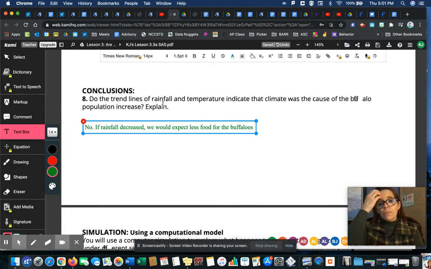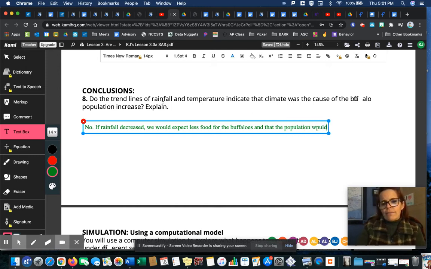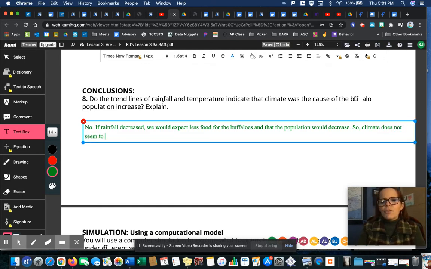If you notice that I misspell it, my apologies on that. Okay, we would expect less food for the buffaloes and that the population would decrease. So a change in the climate does not seem to be the cause of the increase in the buffalo population.